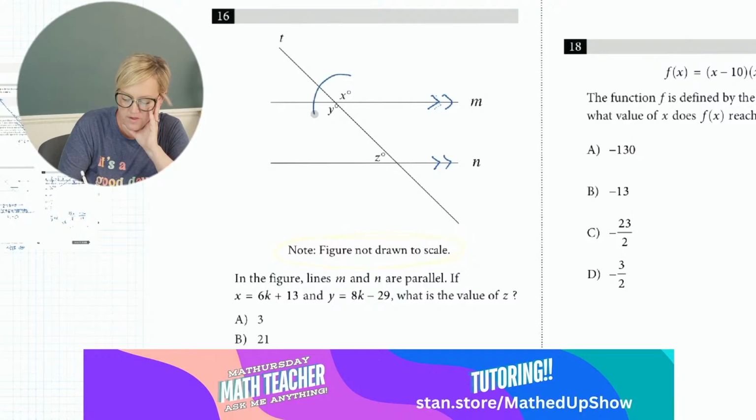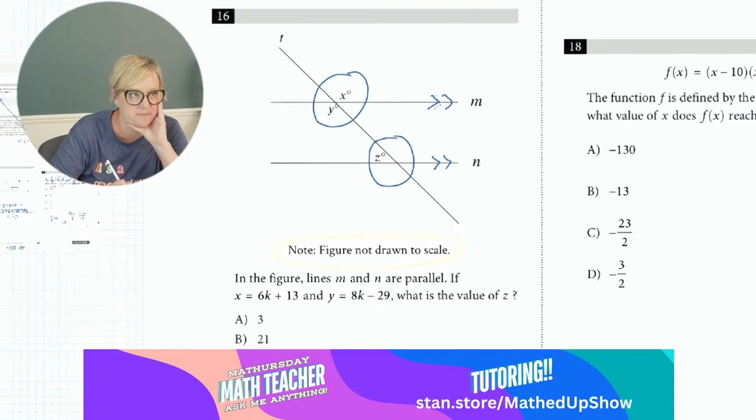This little intersection is going to be identical to this little intersection. So that means that this angle here is also x degrees, and this angle here is also y degrees.